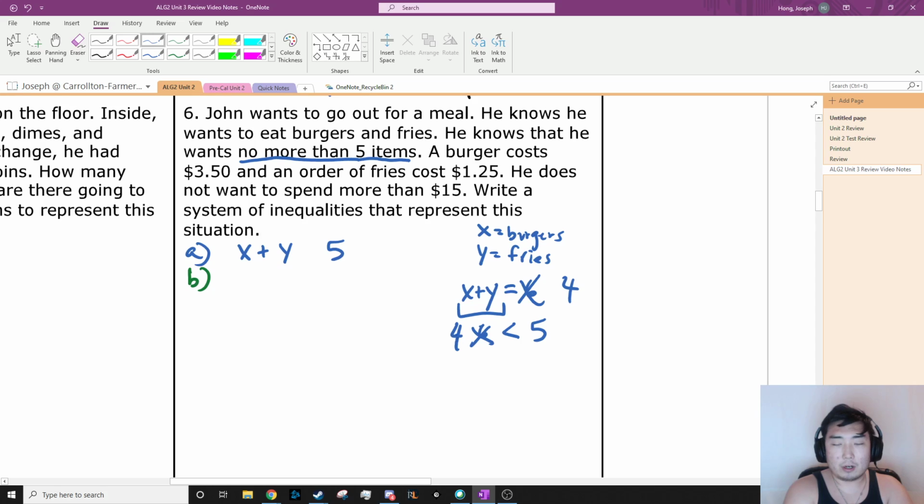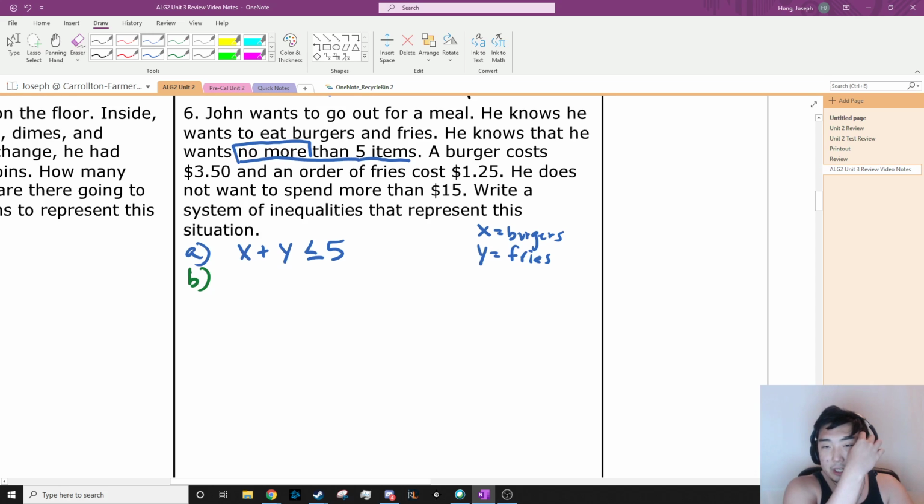So if I put 4 and 5, the inequality would face this way. And I can also make the statement true by putting an equal sign below this, because no more means I can have it equal to 5 if I want to. But for that example, I was just like, meh. You're fine.